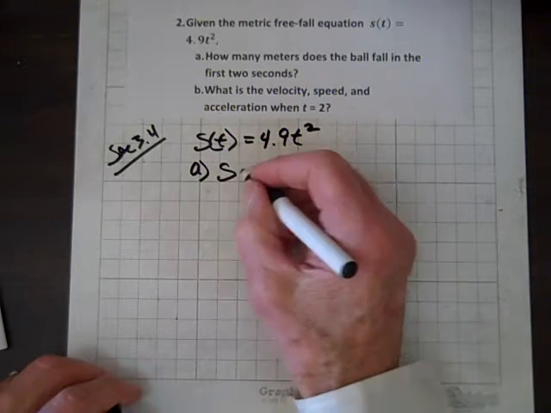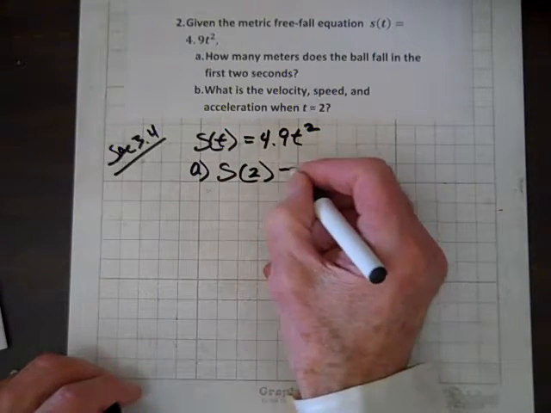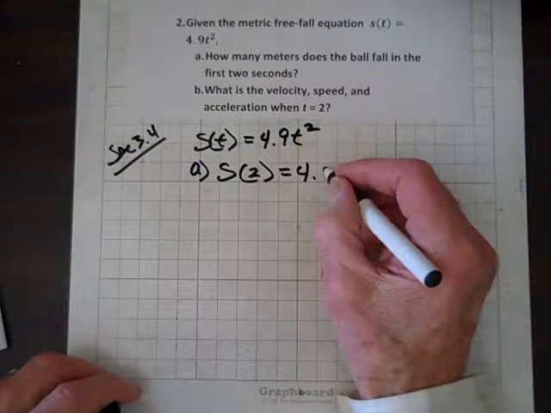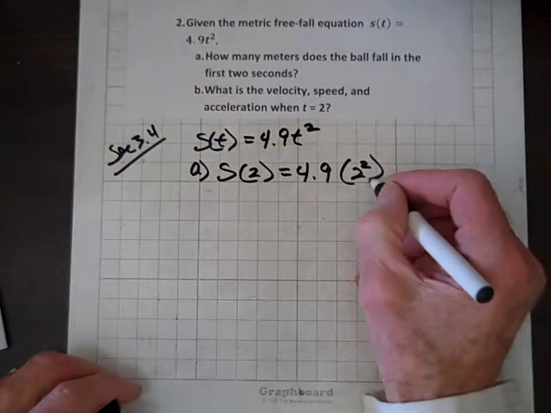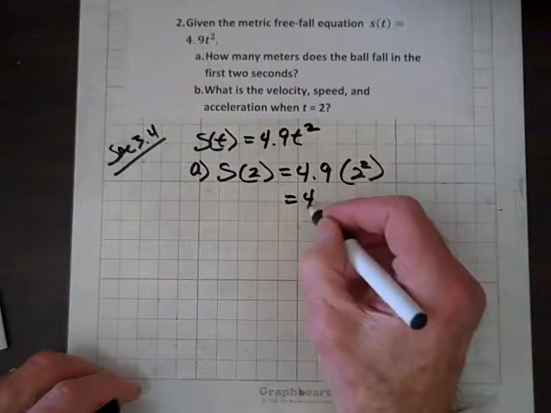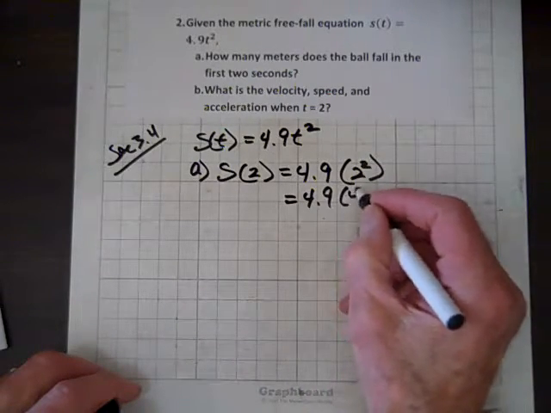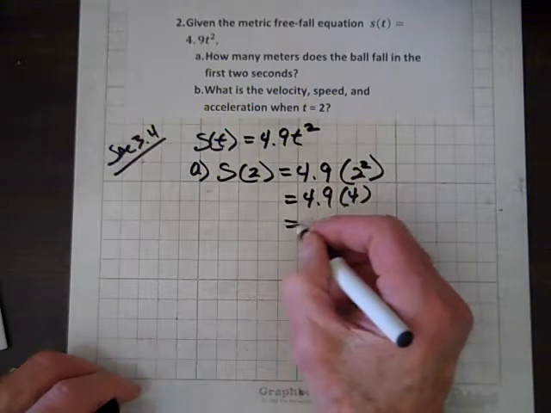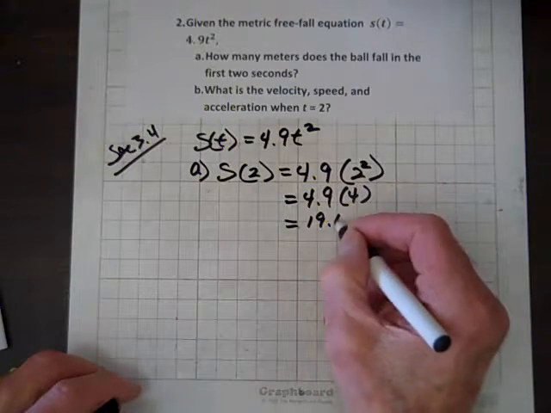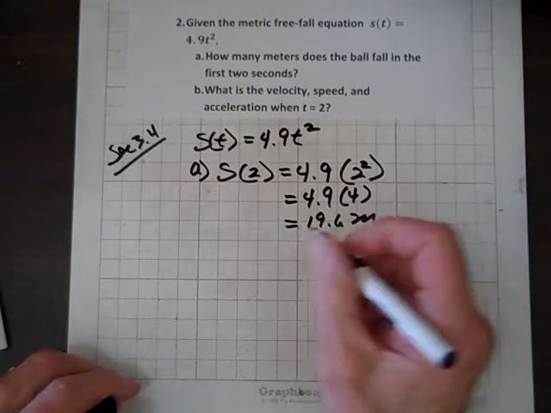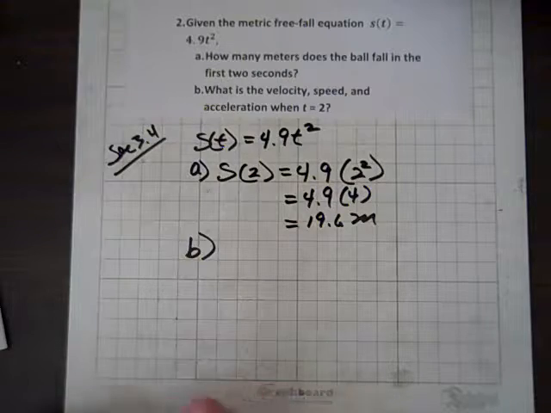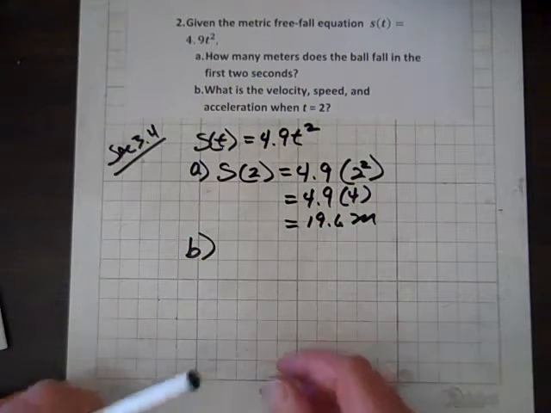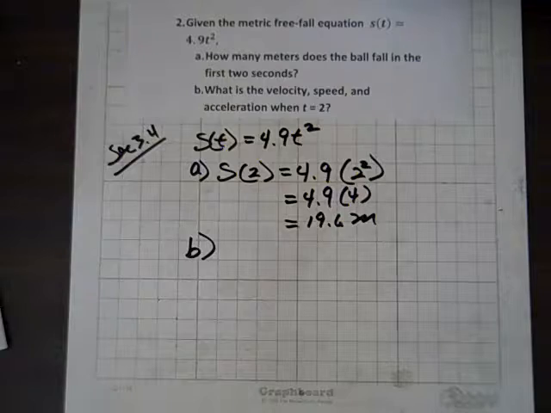Well, we just have to evaluate S of 2, which equals 4.9 times 2 squared, which equals 4.9 times 4, which equals 19.6 meters. And for B, it says, what's the velocity, speed, and acceleration when t is 2?